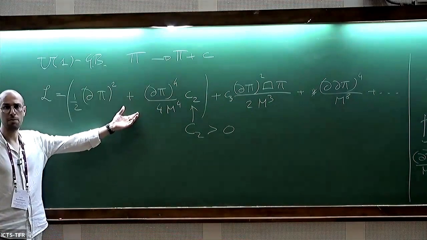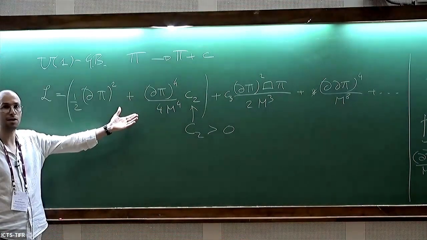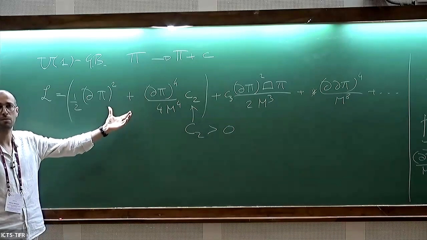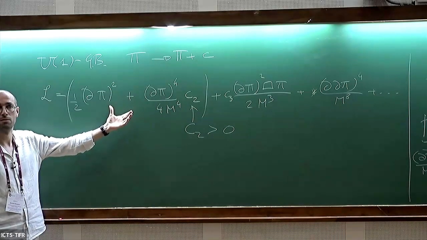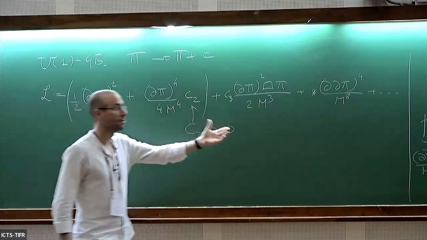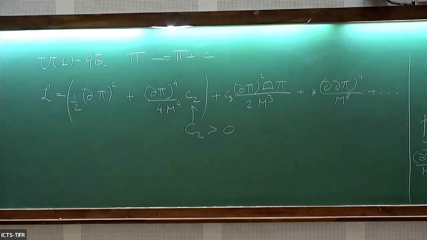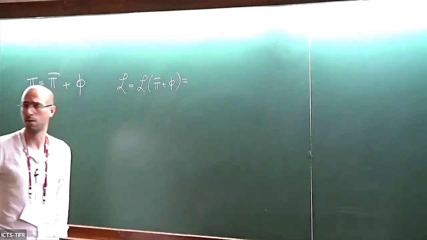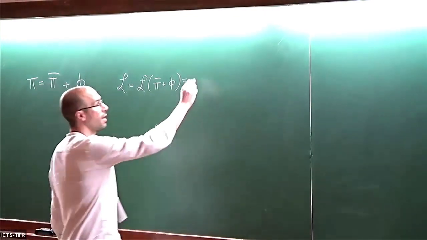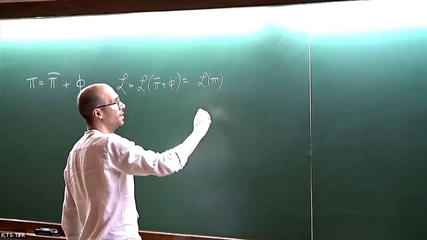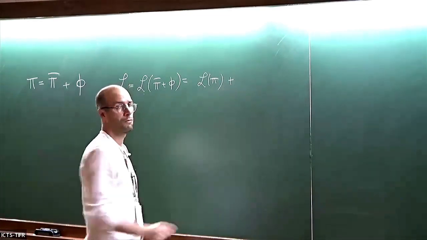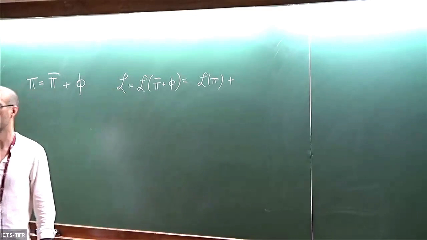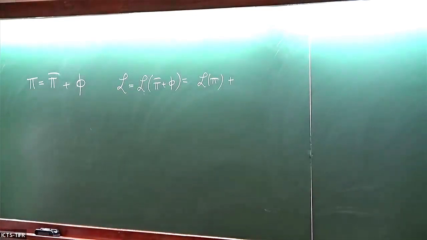Can this produce a linear term in φ? My Lagrangian for the perturbation will be the Lagrangian I started with, π bar plus φ, expanded in φ. So it's going to contain L at zeroth order, then what's next? What's the first term? Can it be linear in φ?